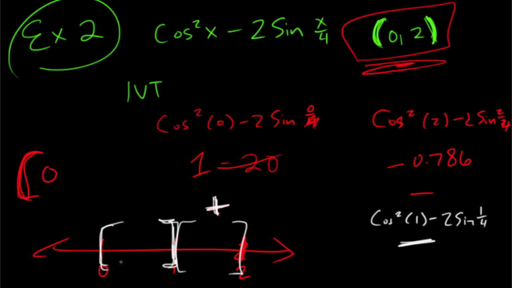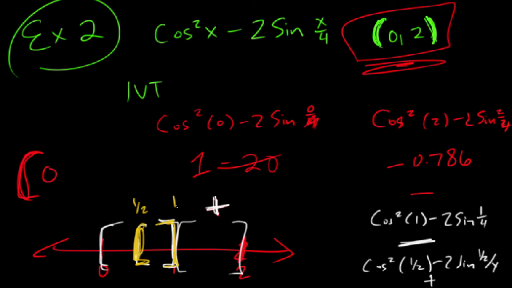Now if we want to do it again, now we can test 1/2. Plug it into a calculator and see if it's on this side or this side. Now, this actually gives us a positive answer. So now we know that we're in this area where this is 1/2 and 1.